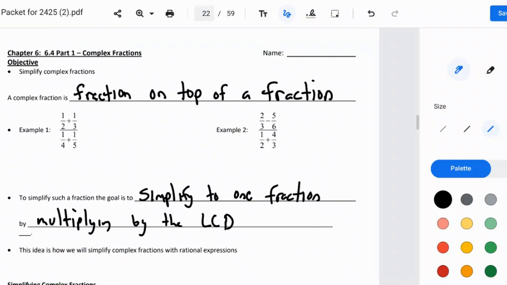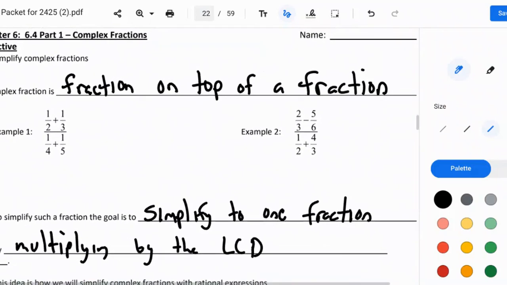So for this first example with just fractions, this half, this third, this fourth, and this fifth, I'm looking at all the bottoms. So the bottoms here are 2, 3, 4, and 5. If we multiply those out, we have to figure out the first number that we would hit. With 2, it goes 2, 4, 6.